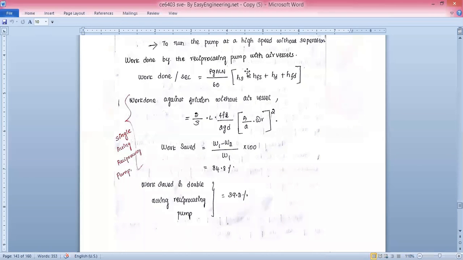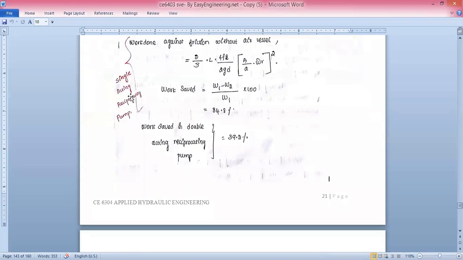Now we have work saved. Work saved is equal to (W1 minus W2) upon W1 into 100. Calculating the values, we got 84.8%.